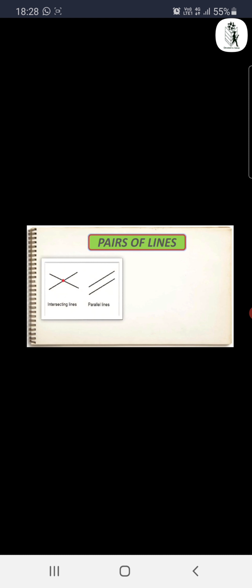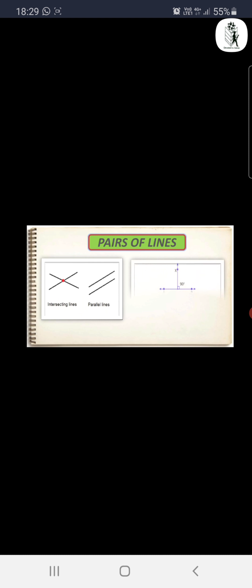We also learnt about a few pairs of lines, right? These were intersecting lines and parallel lines. In the first figure, you can see two lines are intersecting, and there is a red dot which is the point of intersection. The second figure shows parallel lines. Parallel lines are those lines which do not intersect each other, rather which do not meet each other.